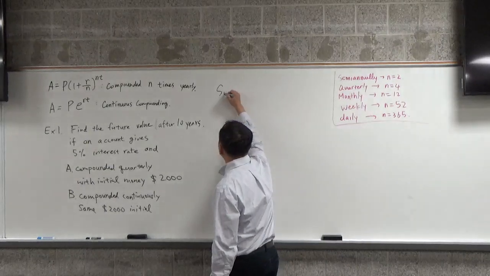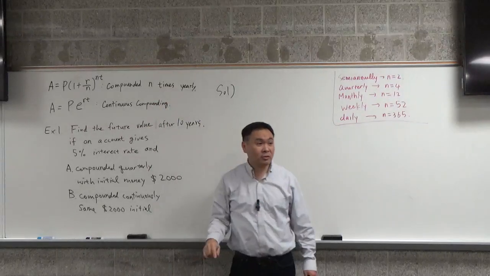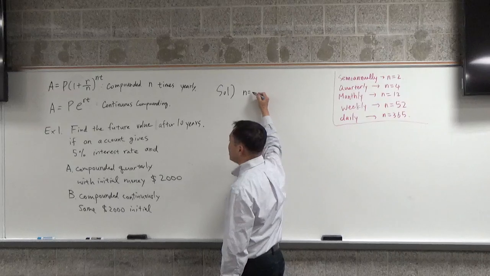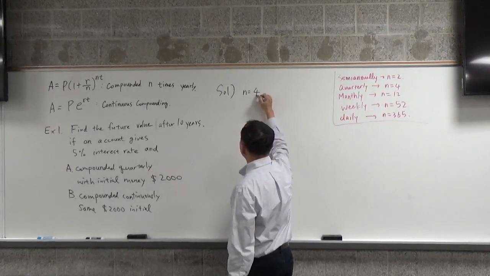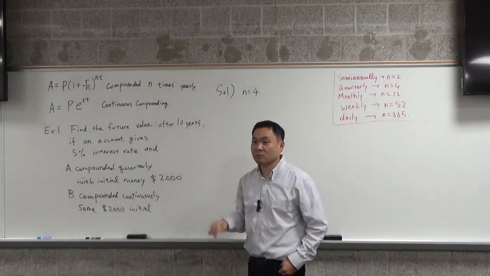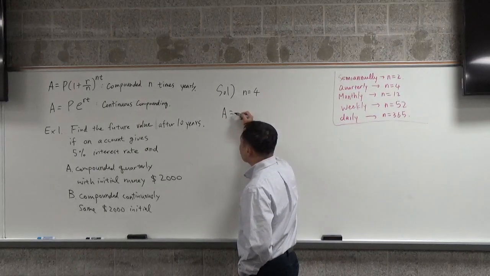Okay, solution. Compounded quarterly, which formula do you use? The top one, right. Quarterly means you do it 4 times, so n is 4. Semi-annually would be 2, okay? N is 4, okay? All right, and then the future value would be principal.